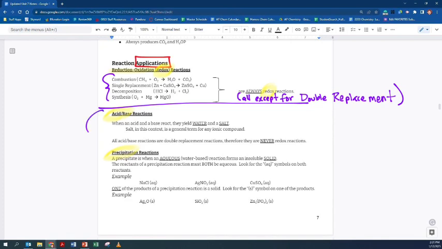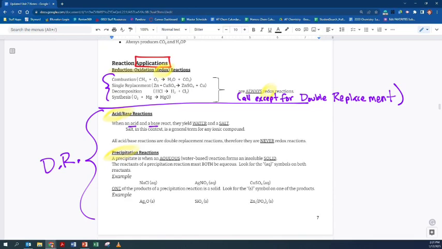Now, if it is a double replacement reaction, then you actually have to look at the reactions a little closer and see, is that double replacement reaction an acid-base reaction or precipitation? And in order to tell if something is acid-base, and I know it's written out here in words, but I'd really encourage you to write it down, we need an acid and a base to react together to be an acid-base reaction.